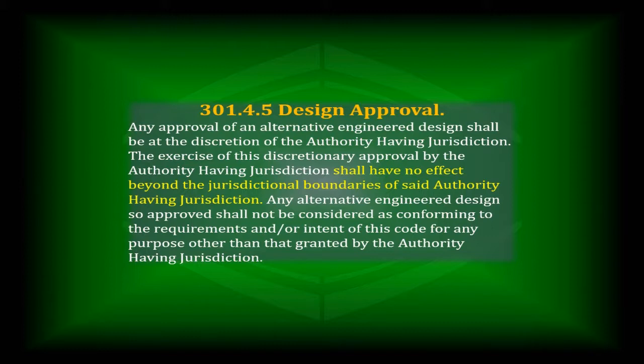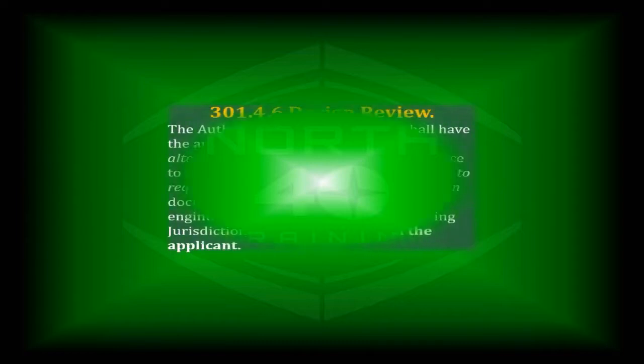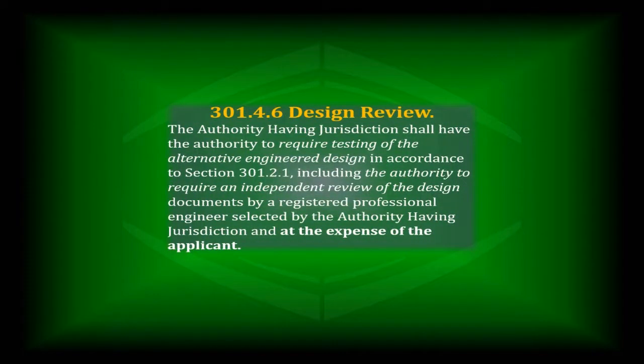Any alternative engineer design so approved shall not be considered as conforming to the requirements and or intent of this code for any purpose other than that granted by the authority having jurisdiction. And that is the authority having jurisdiction for that jurisdiction. 30146, Design review.